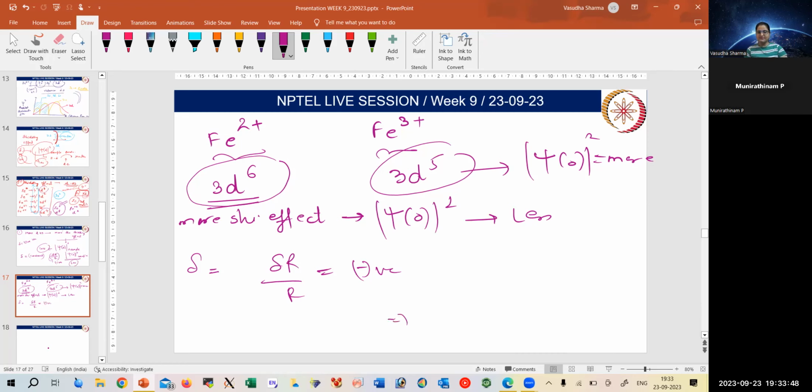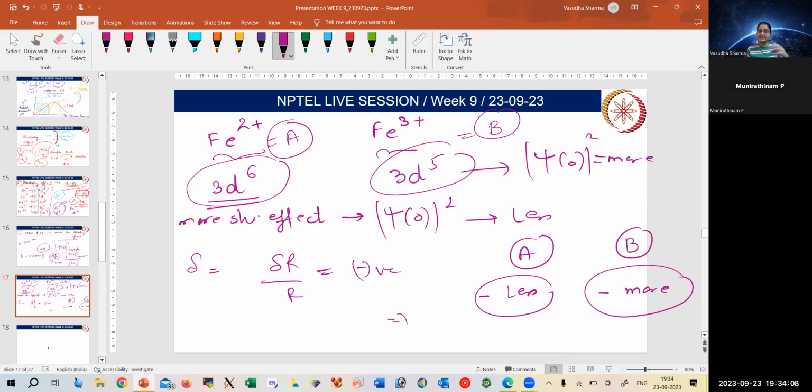So say for example, in the first case, this is A and this is B. Both have negative values, but A has a smaller value and B has a larger value.